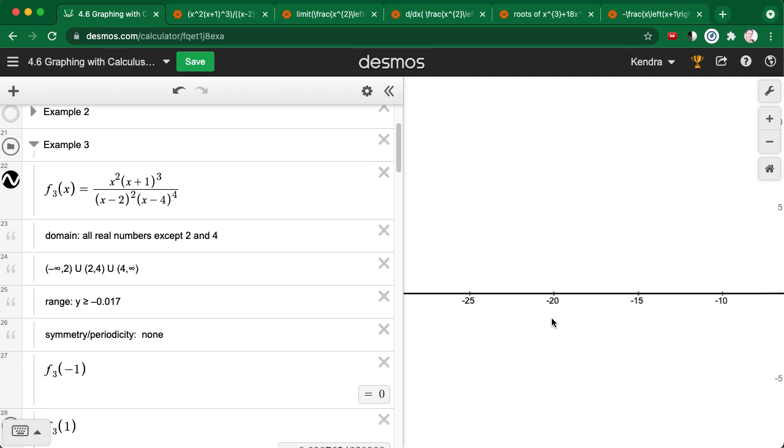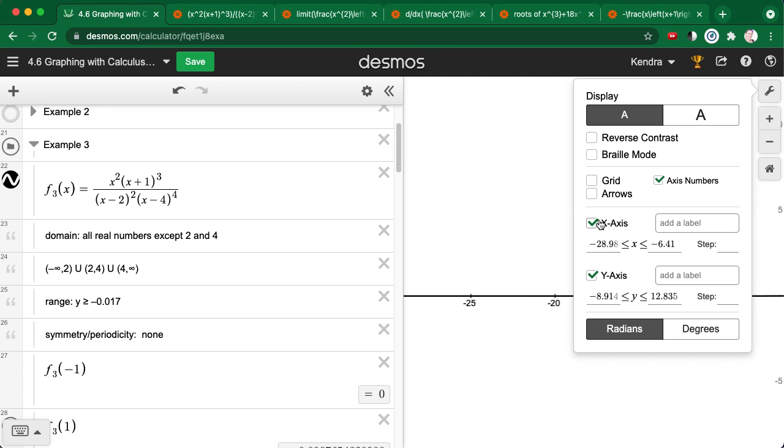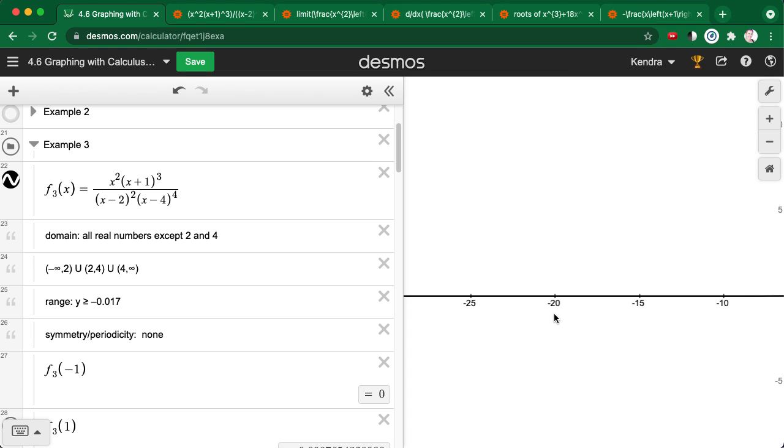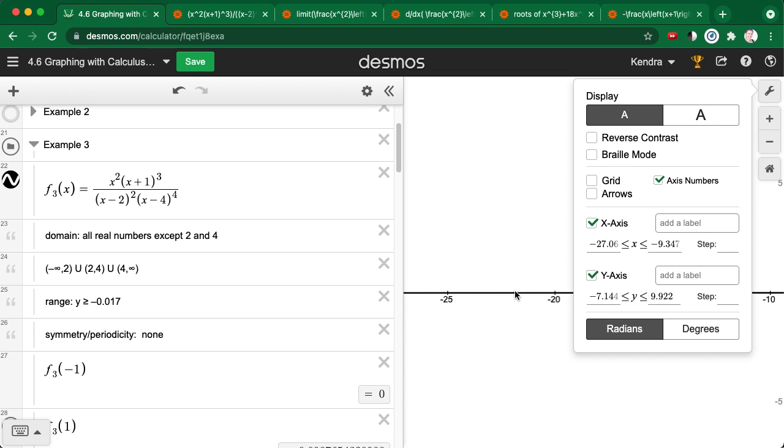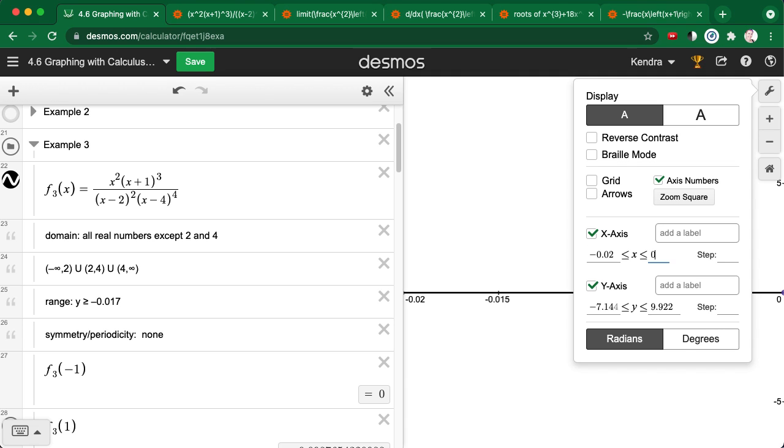In order to really see that local minimum there, I would want to stretch out the y-axis without necessarily stretching out the x-axis. And it's on the level of hundredths. So negative 0.02 to 0.